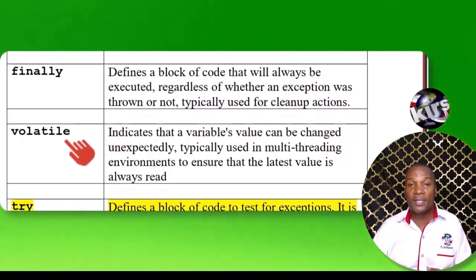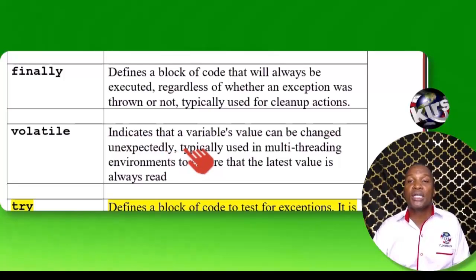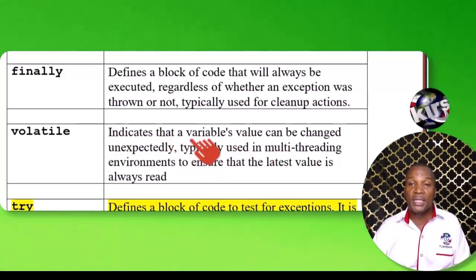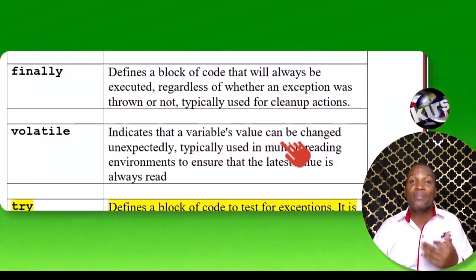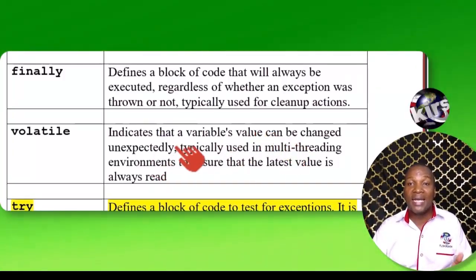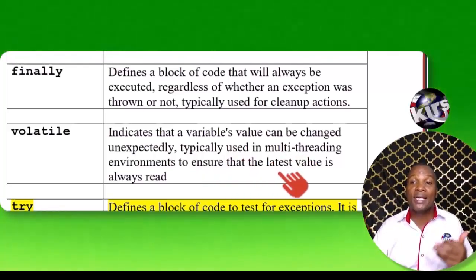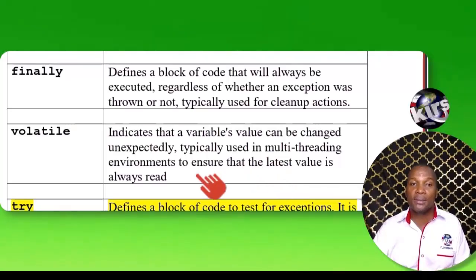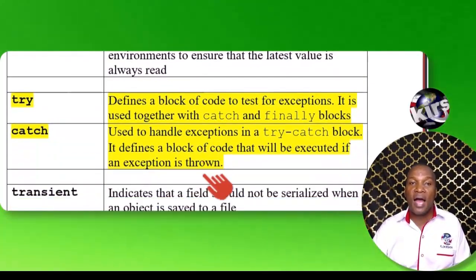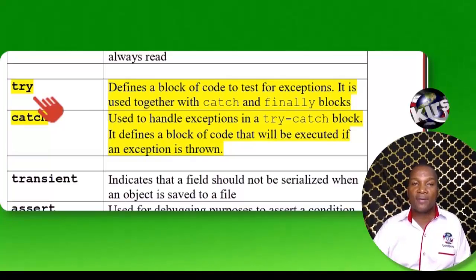And then we have the keyword volatile, which indicates that a variable's value can be changed unexpectedly, and typically used in multi-threading environments to ensure that the latest value is always read. Then we have the next keyword, which is try.